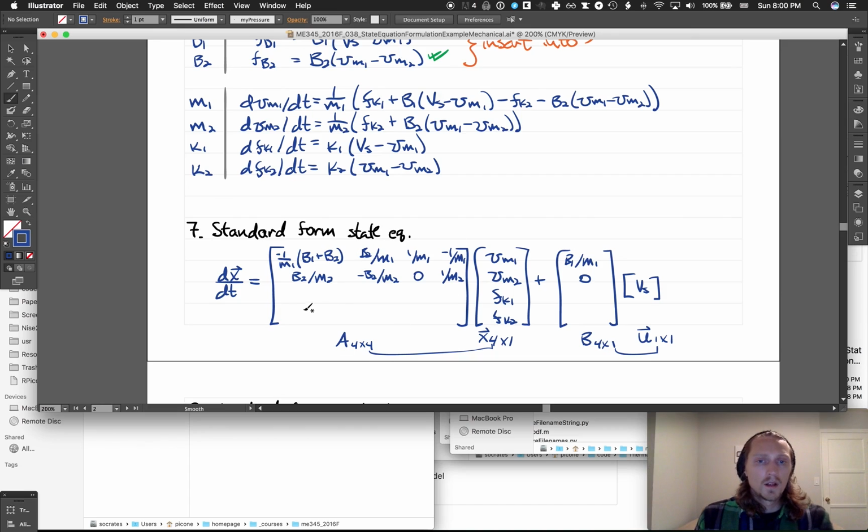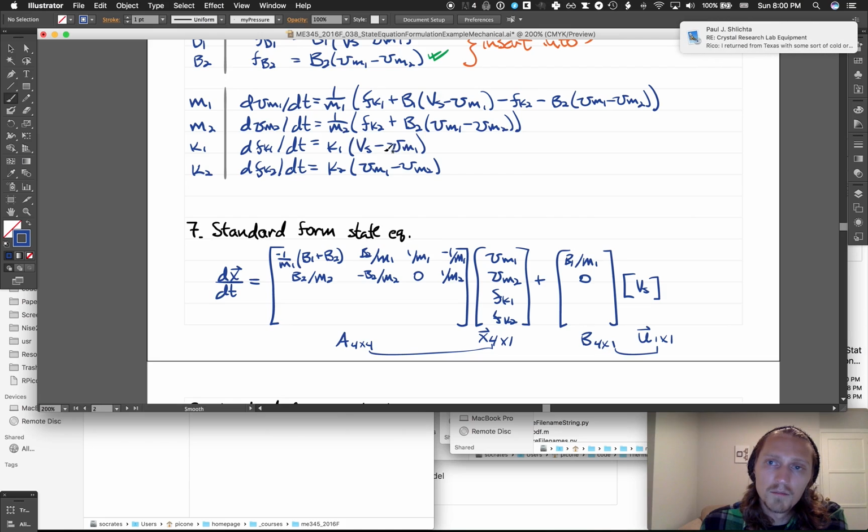Okay. Now we have fk1, so we come to this equation here. We need to transcribe it into this row. So dfk1/dt, which is on the left-hand side, equals k1 vs minus k1 vm1.